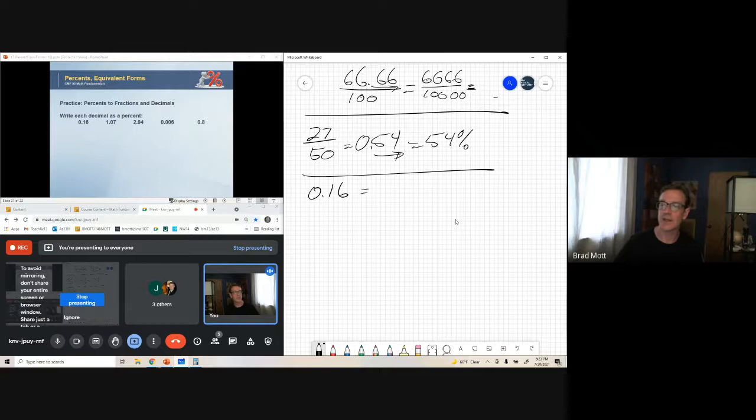They give you the decimal ahead of time. Move that 2 to the right, and you'll end up with 16%. Let's see, 0.006. That type of number can be a problem for people sometimes. Move the decimal 1, 2 to the right. That is the same as 0.6%.